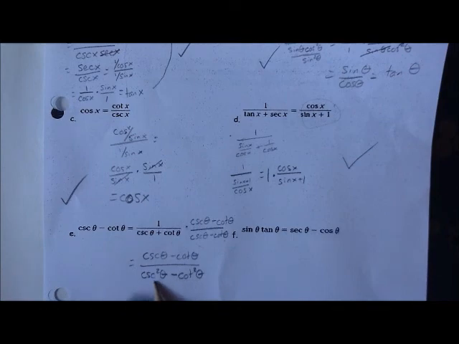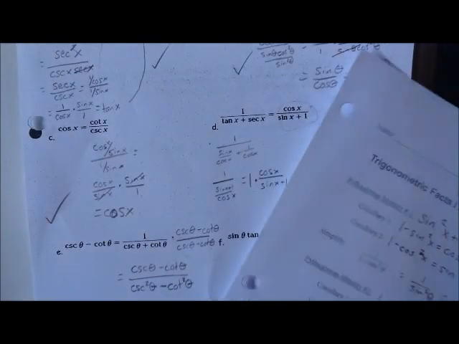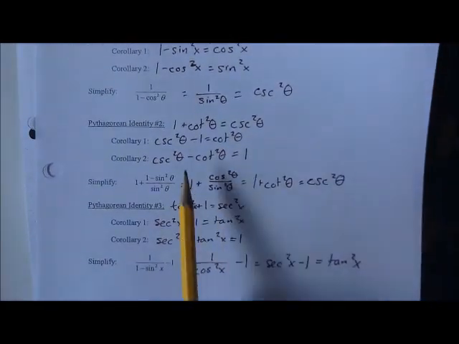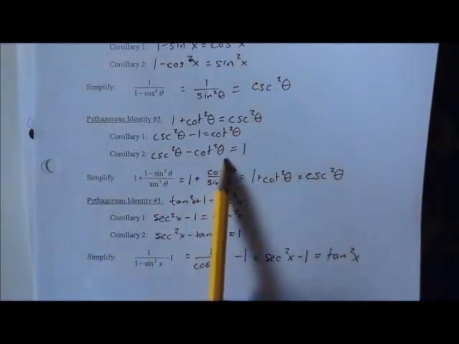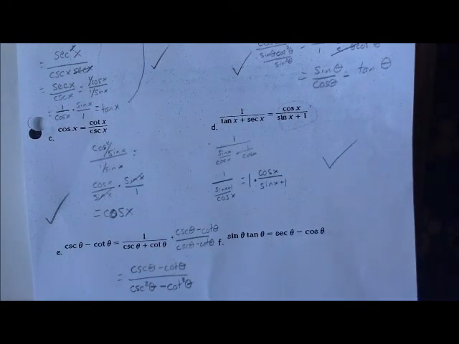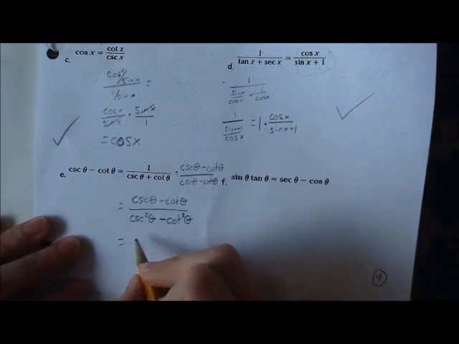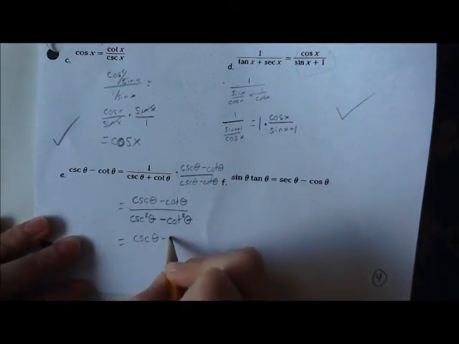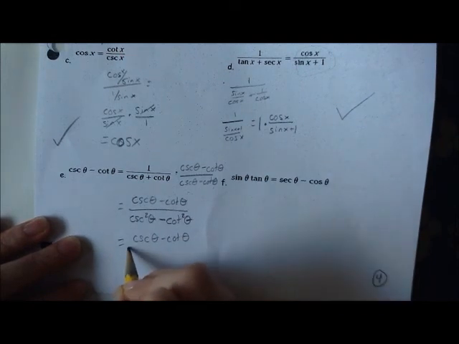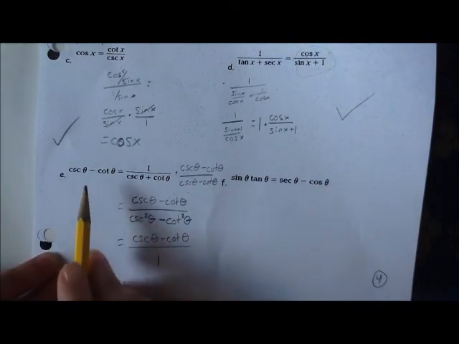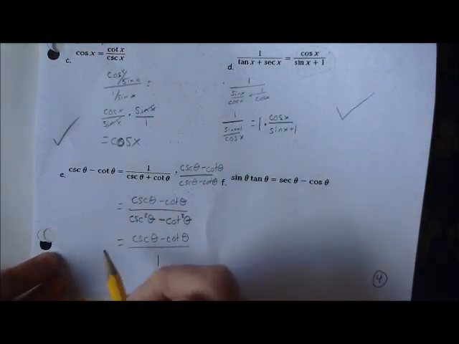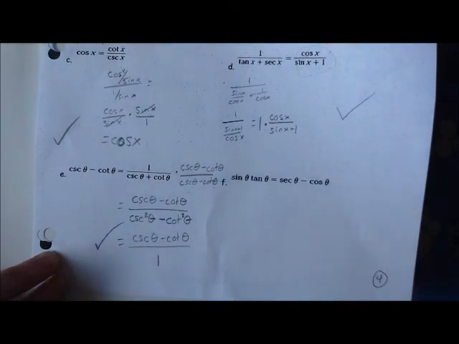Hey, look, there are squared terms in there. That looks like an identity. So you go back to the things you need to remember. Well, look at that. Cosecant squared minus cotangent squared is equal to 1. So I can replace that. I get cosecant theta minus cotangent theta over 1, which is the same thing as cosecant theta minus cotangent theta. We're done.